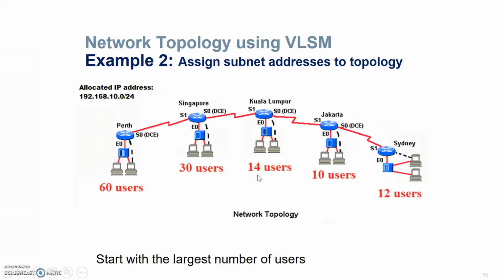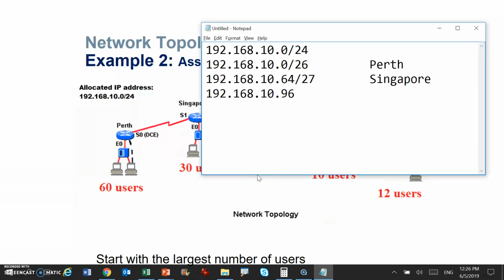KL needs 14 hosts. 4 host bits, 2 to the power of 4 gives me 16 minus 2, 14. So 4 host bits is good enough, meaning this is a /28, and this will be my KL network. This will use up 16 IP addresses, so I need to plus 16, 96 plus 16.